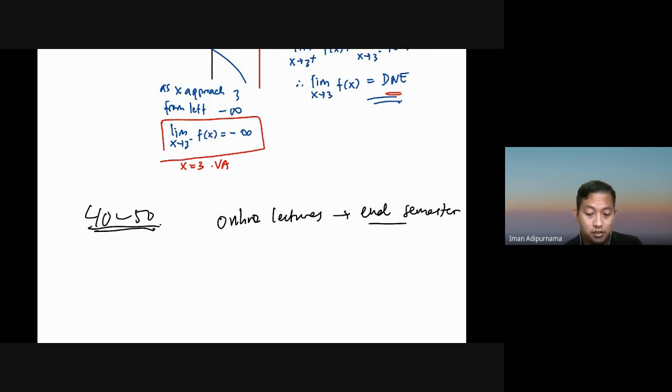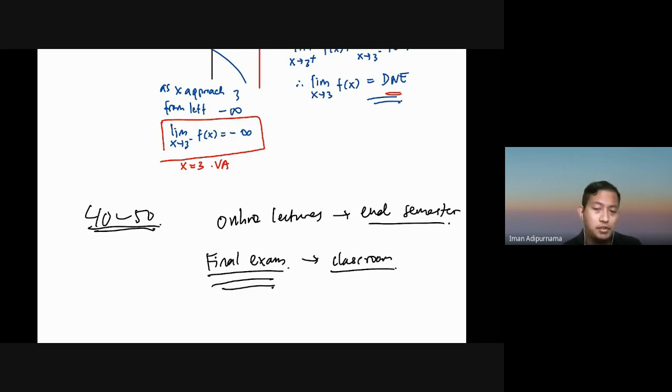But for the final exam, we can apply for a classroom. So I will meet all the students when we have the exam. But please wait for the official announcement, I think in this week there will be the announcement.